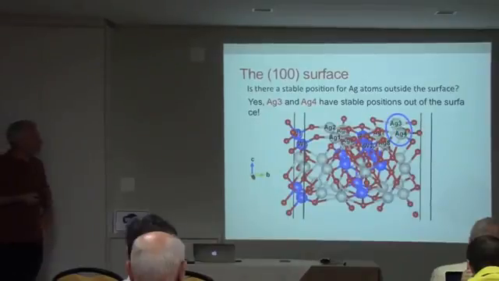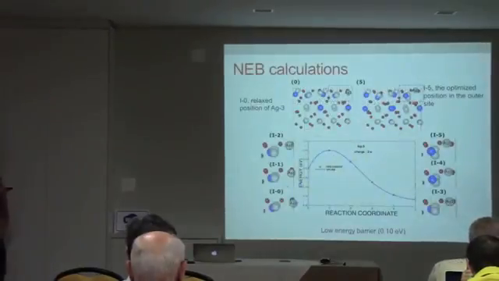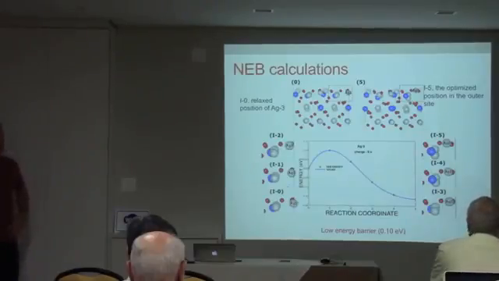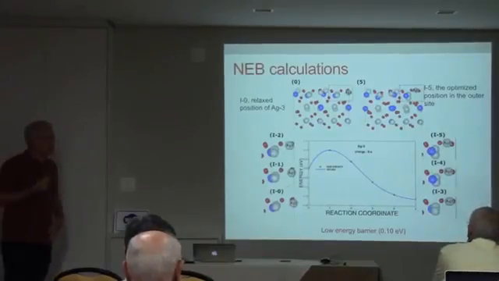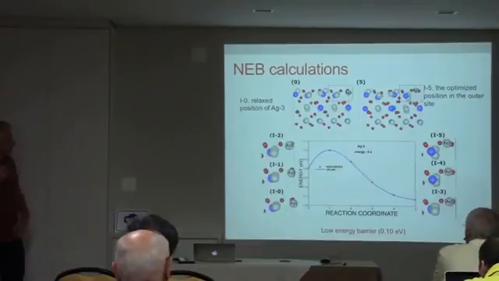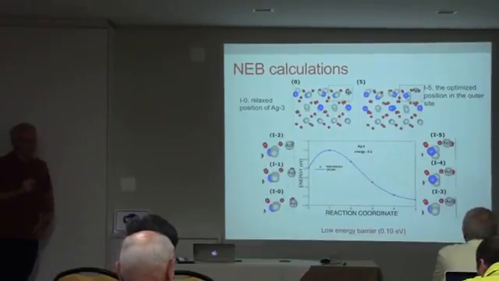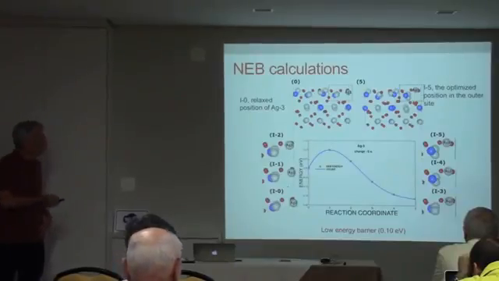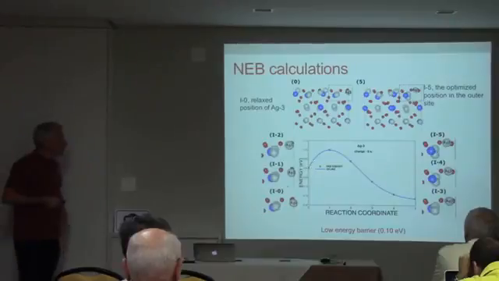We found these 2 silver atoms, and we performed nudged elastic band calculations to estimate precisely the energy barrier for these atoms to diffuse outside, and we find that the barrier is very low.